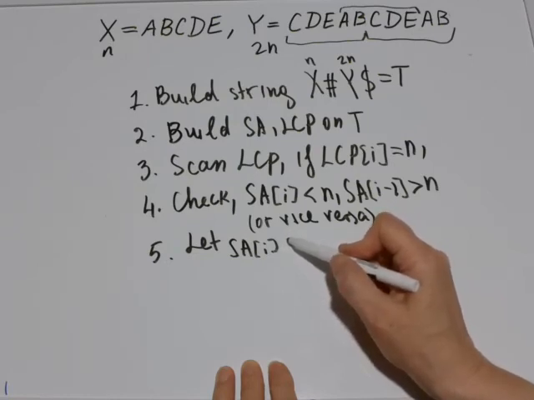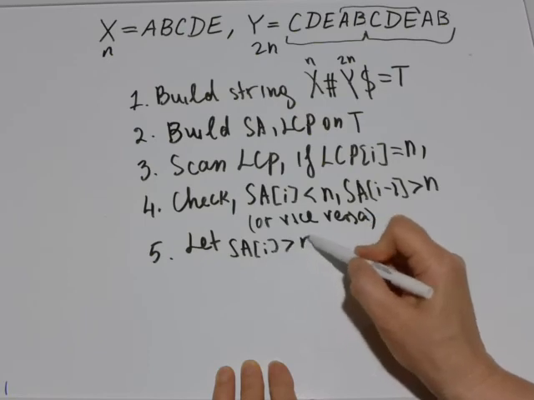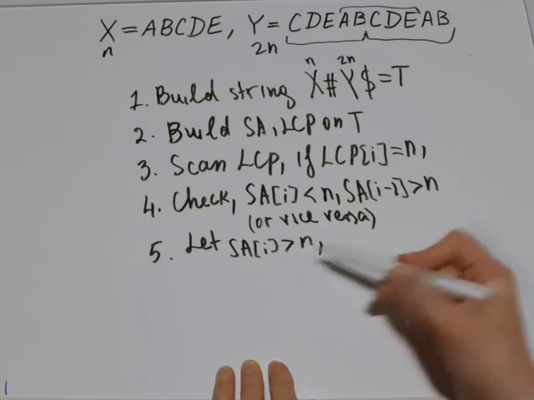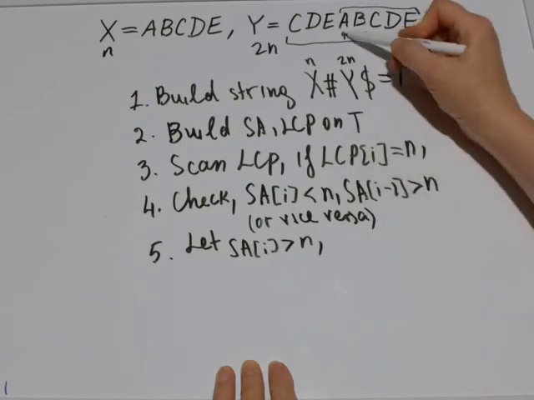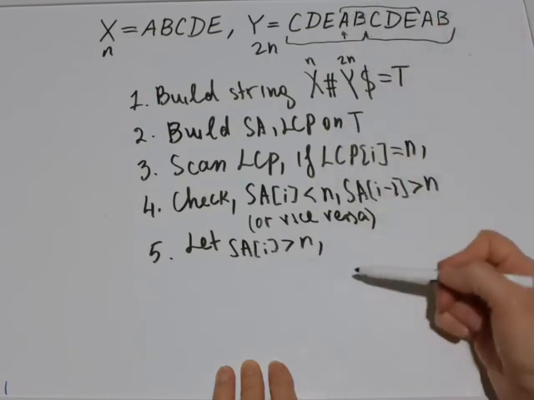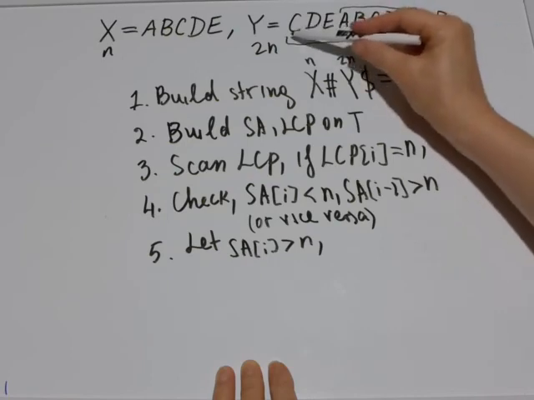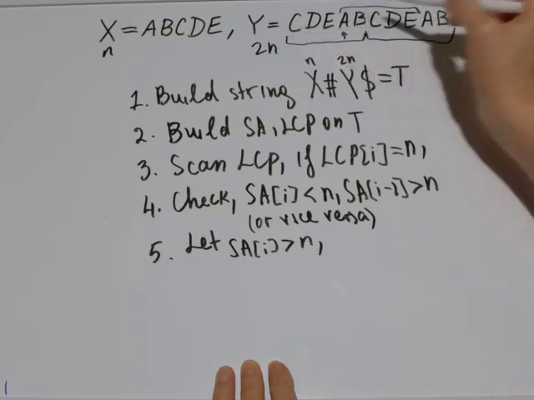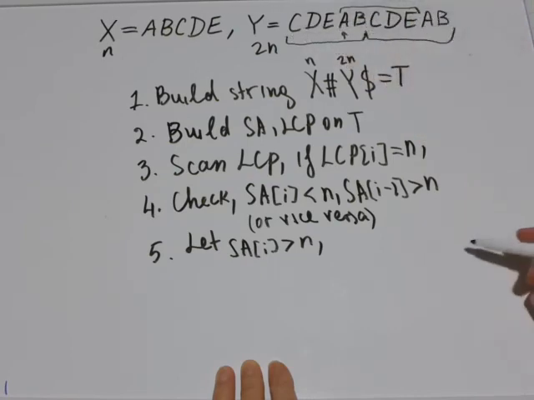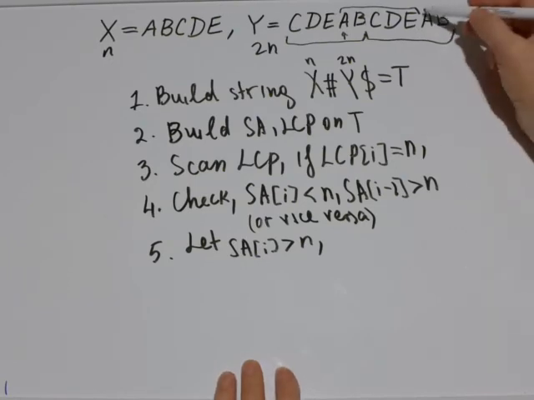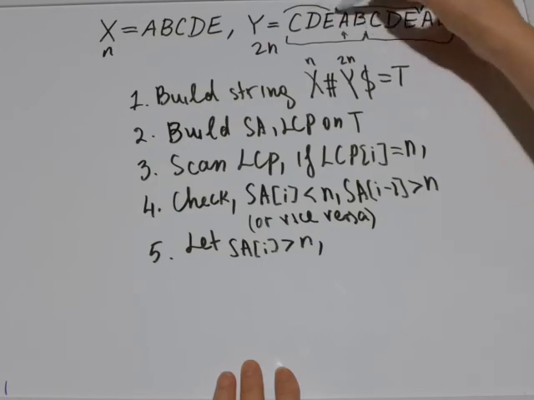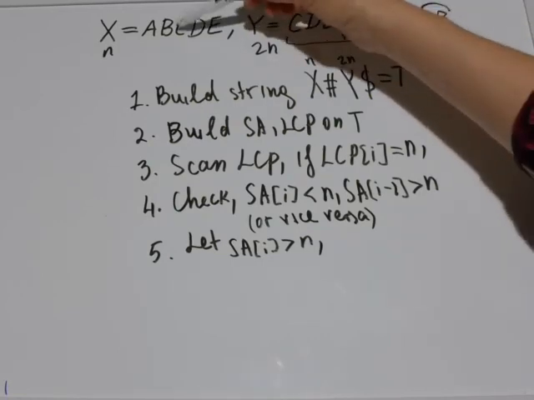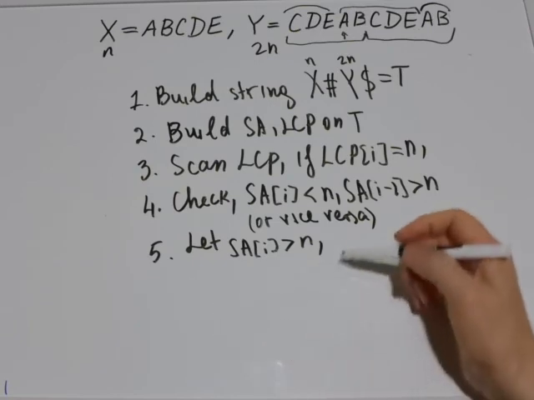So let me put it greater than n. And then we know the position inside the y where x occurs. It's right here at SA of i. Now we need to take the portion of y that comes before and the portion of y that comes after. Because this supposedly is a prefix and this is a suffix, we need to concatenate a prefix followed by suffix and check if it is equal to x.